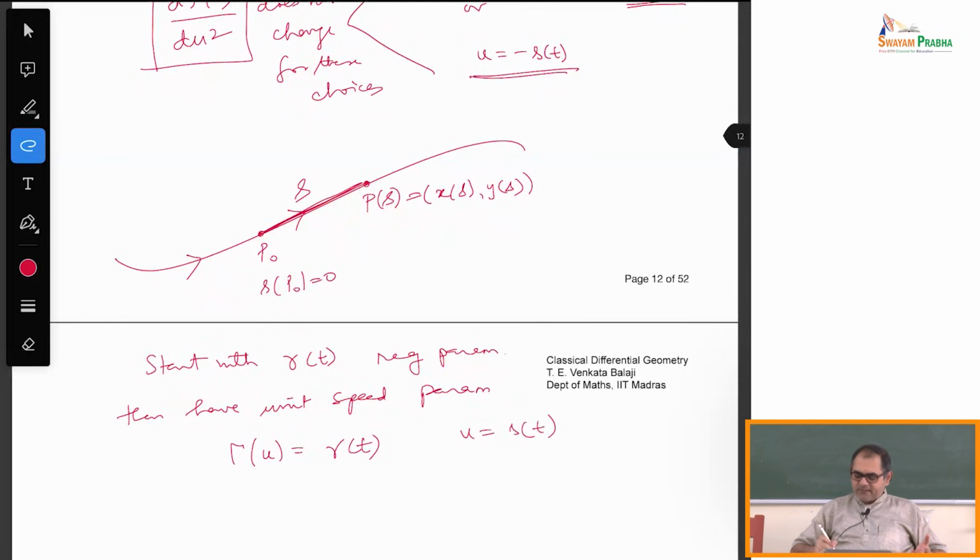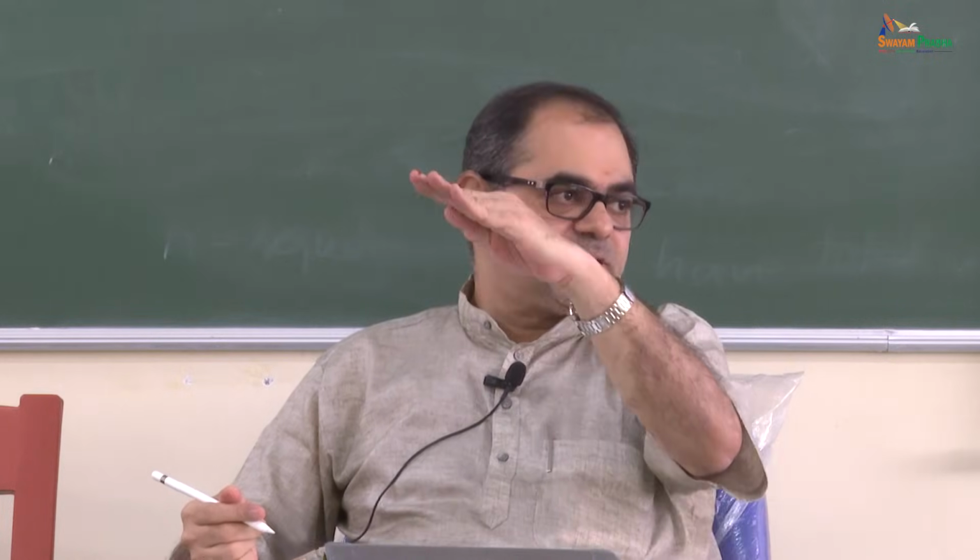And I will take u equal to plus s of t, which means that I am measuring with respect to some point on the curve, in terms of increasing arc length. If you had put minus, it means that you are measuring it in the other direction. And mind you, there is a direction to the curve.